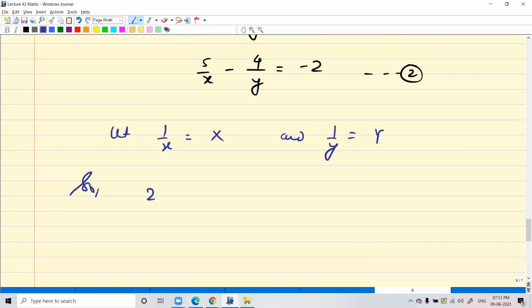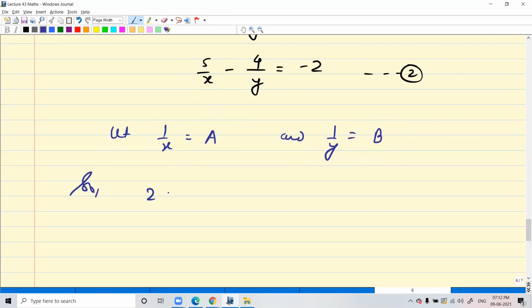It was 2 times of 1 by x, no? But in place of 1 by x, what should I write? Capital X. So I'm going to replace that 1 by x with a capital X. Or if this capital X looks like a cross, let's call it A and B instead, okay? Everyone is okay with that? 1 by x I'm calling A, and 1 by y I'm calling B.